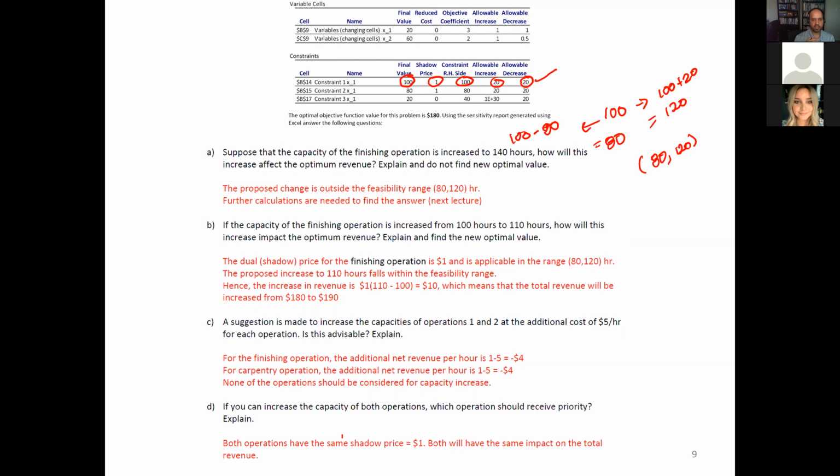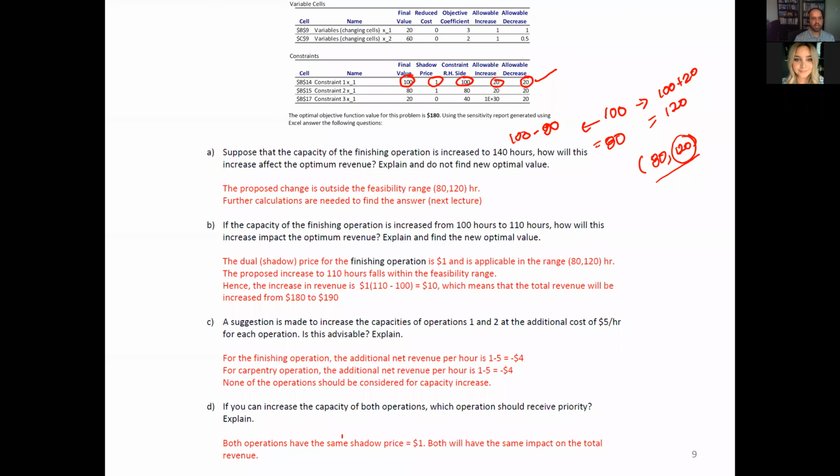So the question is asking, suppose that the capacity of the finishing constraint is increased to 140 hours. If you check that and compare it with the feasibility range, that is greater than this value, which means that it is asking you to do something that is outside the feasibility range. So the answer for this question will be, well, the proposed change is outside the feasibility range.